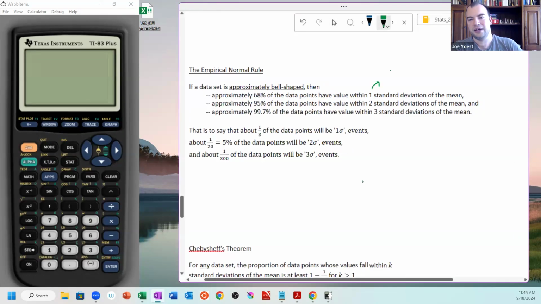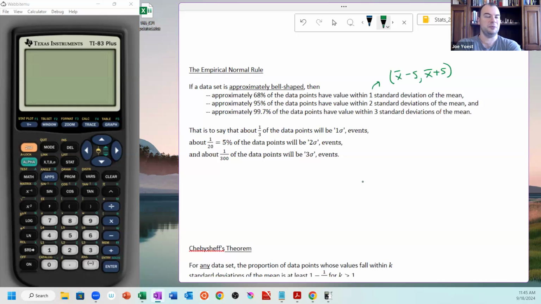In other words, have a value that's in the interval x bar minus s to x bar plus s. That's what it means to be within one standard deviation of the mean, from the mean minus one standard deviation up to the mean plus one standard deviation. About 68% of our data points will have a value in this interval. About 95% of our data points will have a value within two standard deviations of the mean.